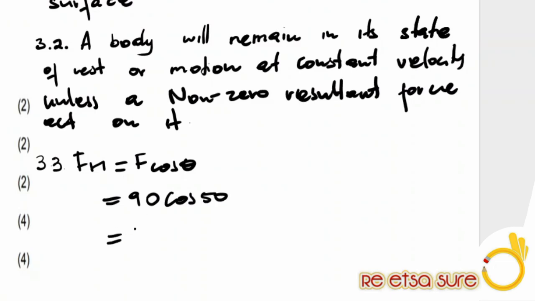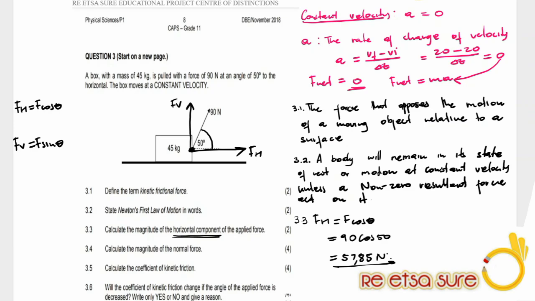And then when I press my calculator, 90 cos 50, my answer there is 57,85 Newtons. Okay. We can continue.